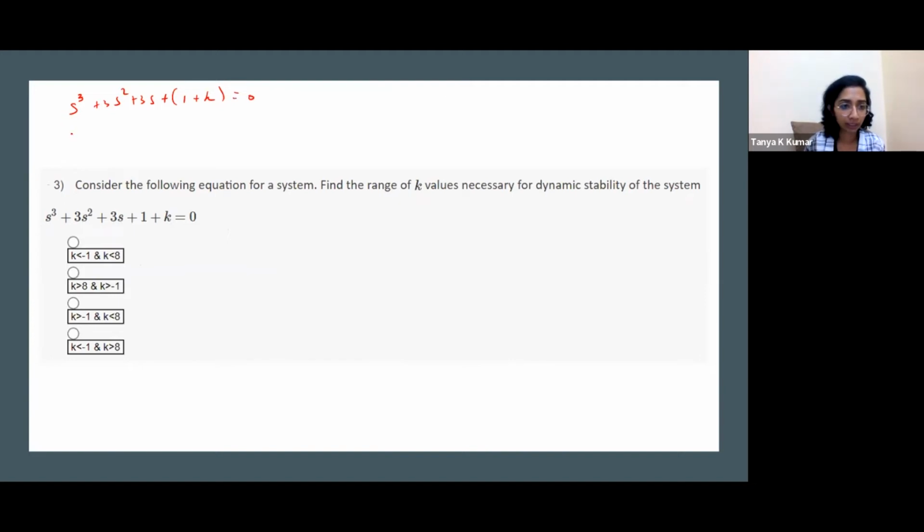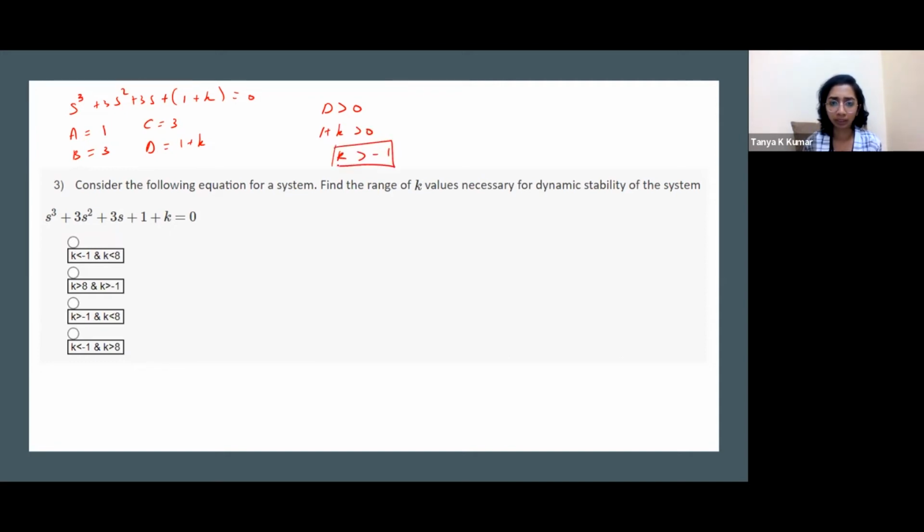Let the coefficient of s cubed be A, which is 1, coefficient of s squared, B, is 3, coefficient of s, C, is 3, and the constant, D, is 1 plus k. Now all of these coefficients must be greater than 0 is the Routh criteria. A, B, C are greater than 0. D has to be greater than 0. That means 1 plus k should be greater than 0, or k should be greater than -1.